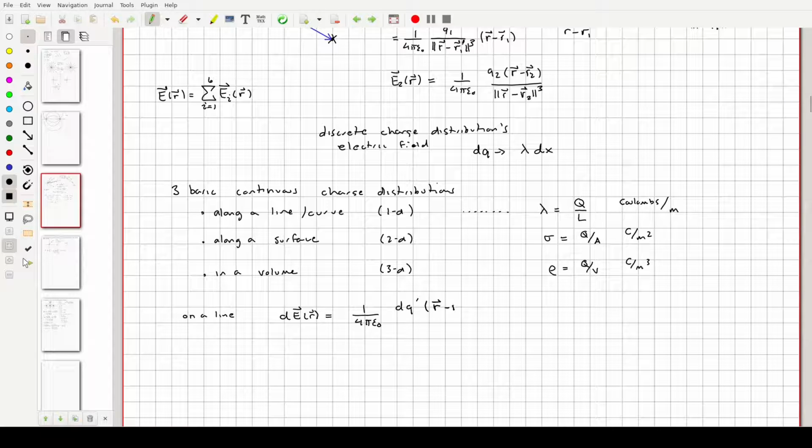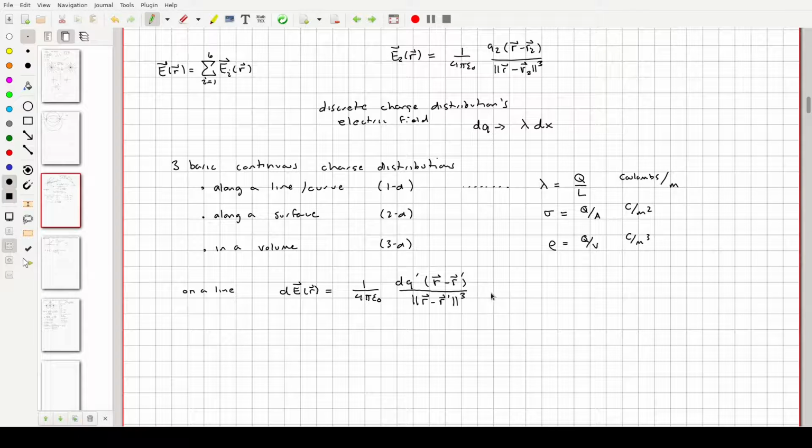R minus R prime, divided by R minus R prime, that's the length of the vector cubed. Now when you integrate both sides, this would become E of R on the left-hand side.